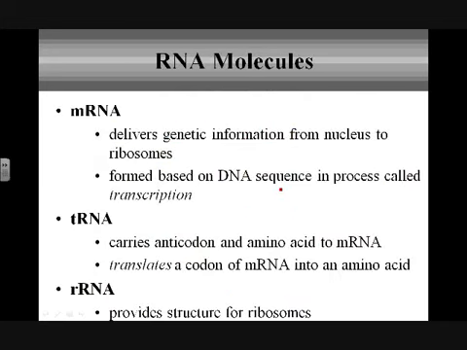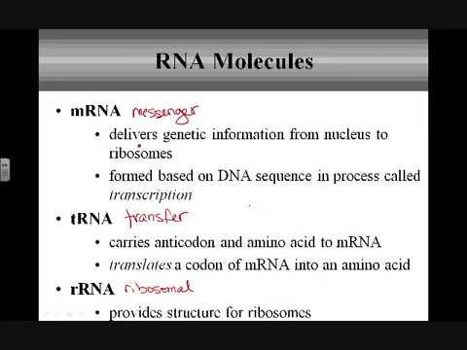There are 3 different types of RNA that exist, and those 3 types are mRNA, tRNA, and rRNA. mRNA is messenger RNA. tRNA is transfer RNA, and rRNA is ribosomal RNA.